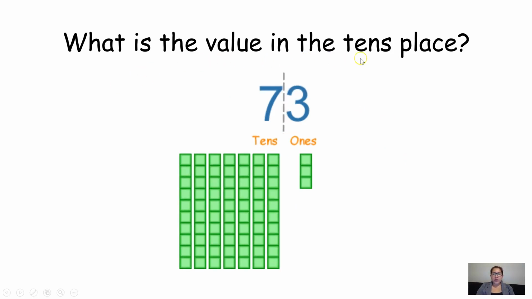What is the value in the tens place? Remember the tens, we are counting by tens. This time we're looking for the tens, so that means we're going to count on this side.